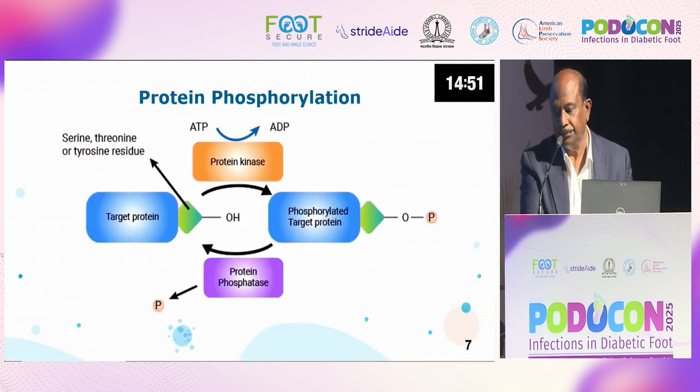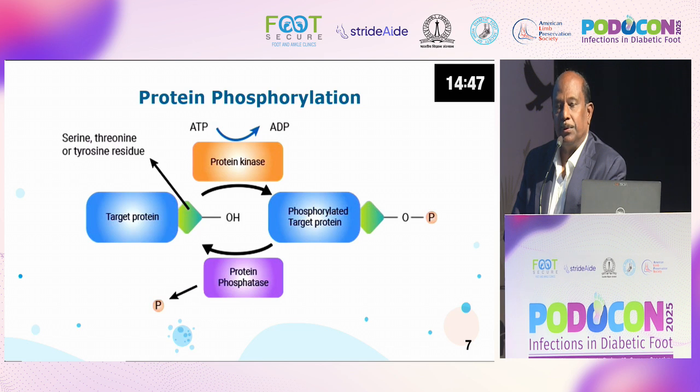For example, if you search Google for protein phosphorylation and cell signal transduction, you will at least hit 3.5 million scientific technical publications.